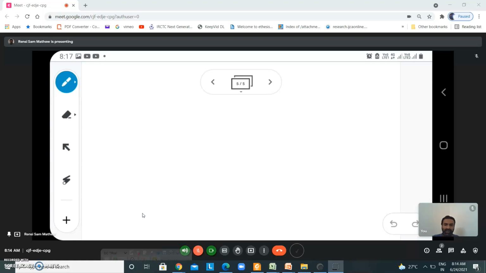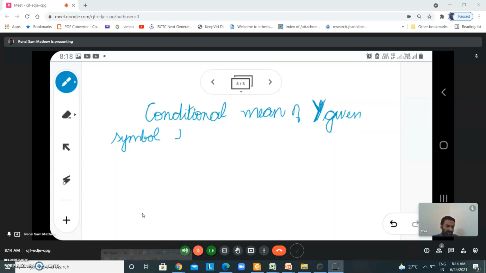We have to find the conditional mean because we have a condition here. The conditional mean of y given symbol 1 was transmitted.